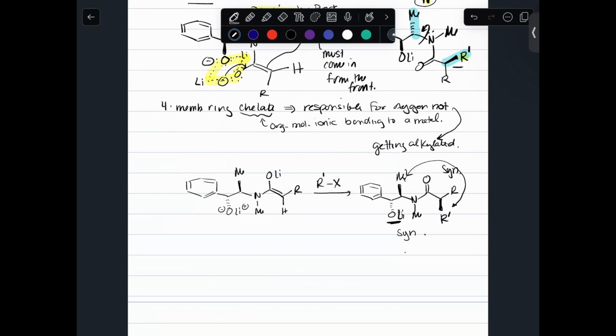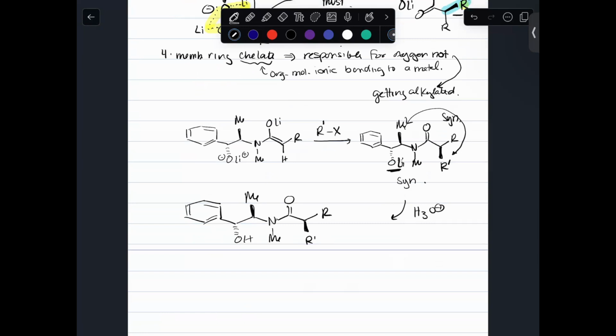You just do a quick workup of acid as you typically do when you form Grignards, excuse me, or alkyl lithiums, and you protonate your oxygen. Right? And you no longer have a salt. You no longer have an O lithium. Okay.